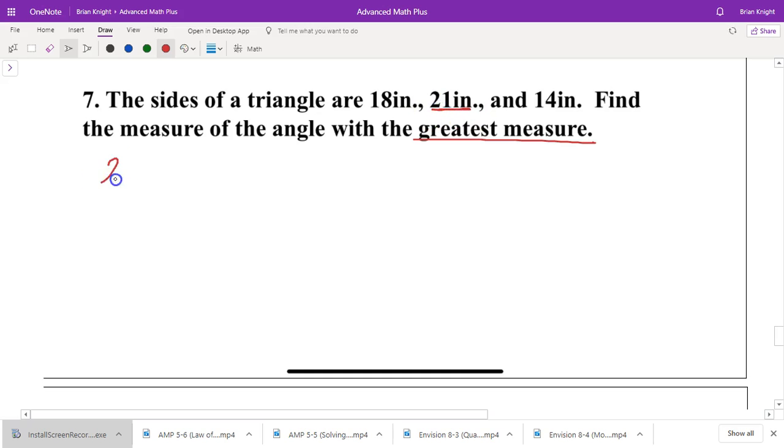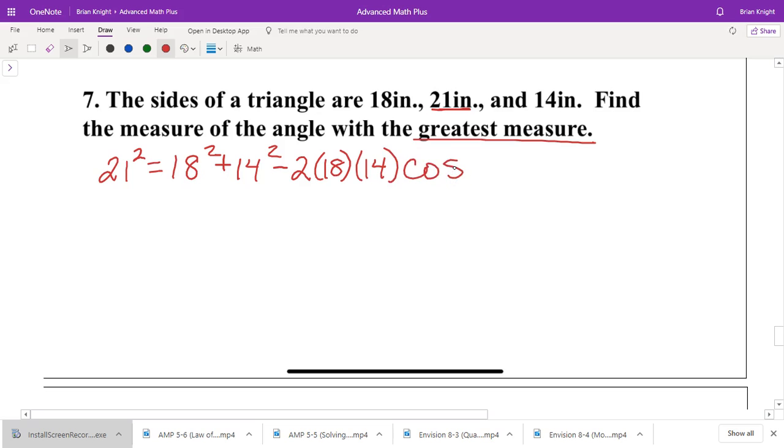So, 21 squared equals 18 squared plus 14 squared minus 2 times 18 times 14 cosine of B. You can label the variable anything you want. I'm going to put B for biggest.